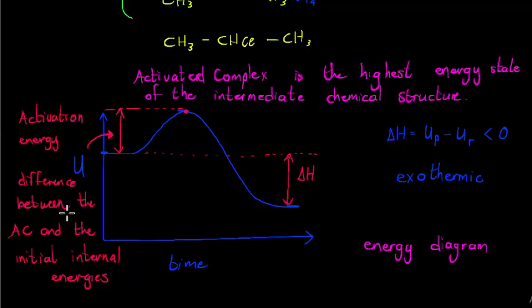And so here I've drawn an example of an energy diagram for an exothermic reaction. That just means my initial potential energy is greater than my final potential energy. Let me draw you a quick example of an endothermic reaction. Remember, endothermic would have my initial potential energy, and my final potential energy would be higher.